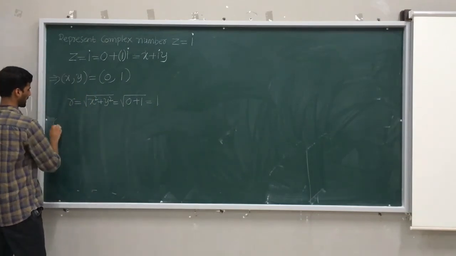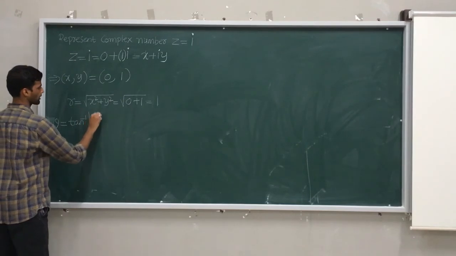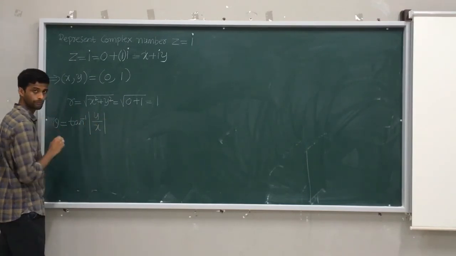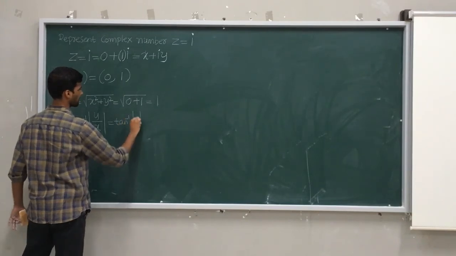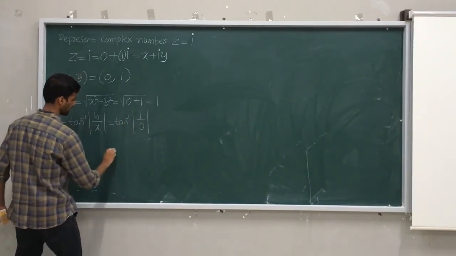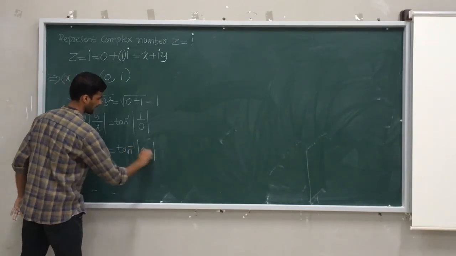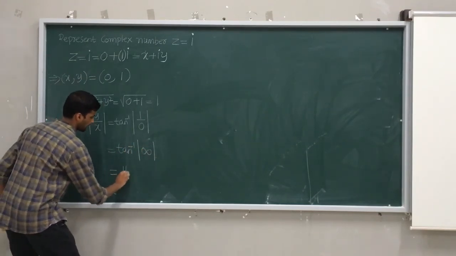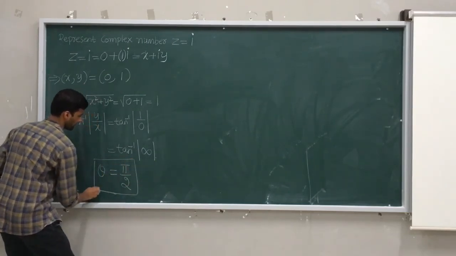Okay, so I can say theta lies in the first quadrant. So theta is tan inverse of y by x, which means tan inverse of 1 by 0. 1 by 0 is not defined, so it is infinity. So tan of what angle is infinity? This is pi by 2, you all know. So theta is pi by 2.